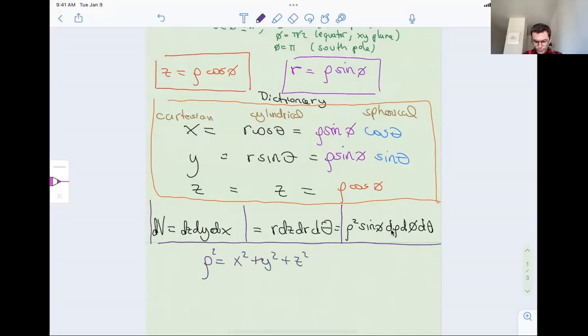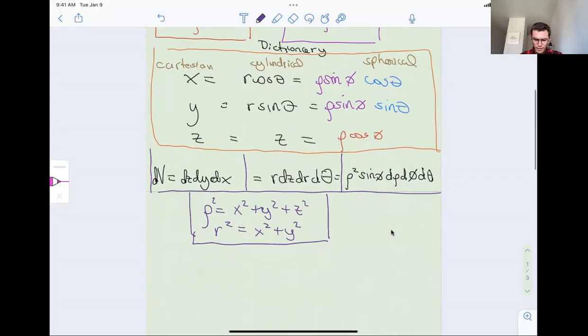That's a useful one to keep in mind. And that r squared equals x squared plus y squared. Those two are useful formulas relating rho and r to x, y, and z.